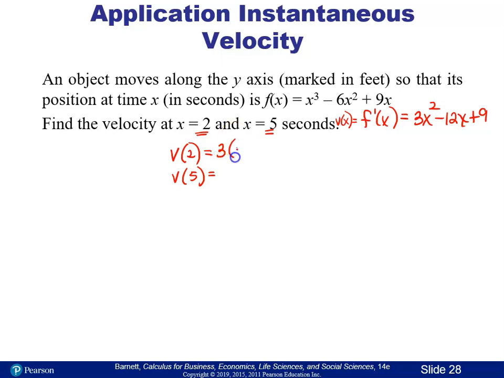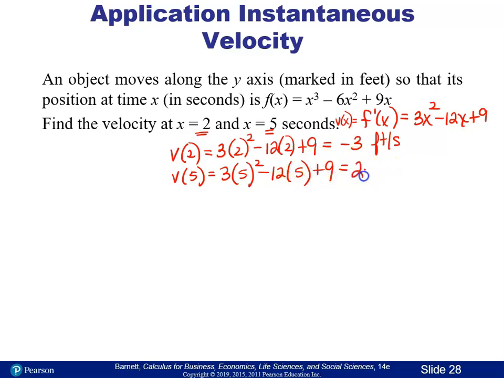So I'll have 3 times 2 squared minus 12 times 2 plus 9, and that's going to give me negative 3 feet per second. And then here I'm going to plug the 5 in, and that'll give me 24 feet per second.